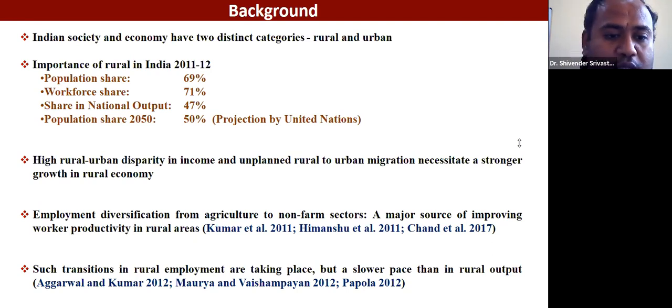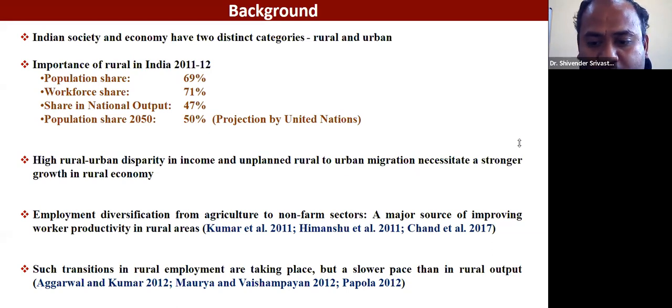And that's why there is a lot of rural-urban disparity in income. And because of that higher earning in urban areas, there is unplanned rural to urban migration. These things necessitate that we need to make the rural economy a stronger economy, so that we can generate productive employment in rural areas itself, so that we can check that unplanned migration towards the urban areas.